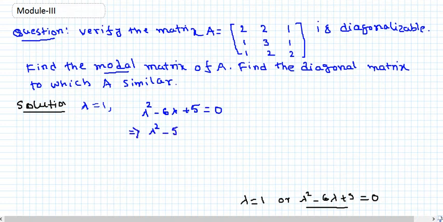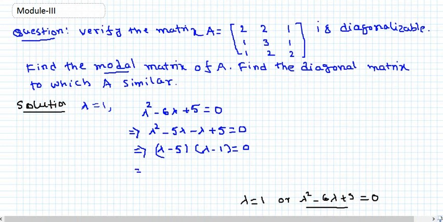Obviously, lambda square minus 5 lambda minus lambda plus 5 equals to 0. From there we get lambda minus 5 times lambda minus 1 equals to 0. So we get two solutions of lambda: one is again 1 and another is 5.